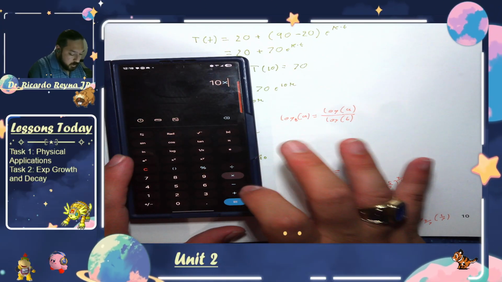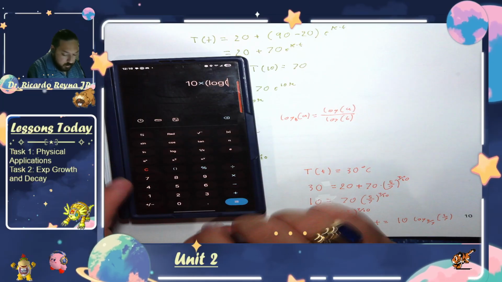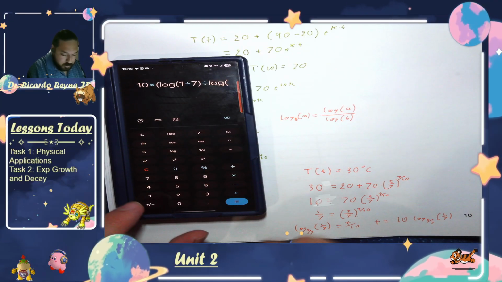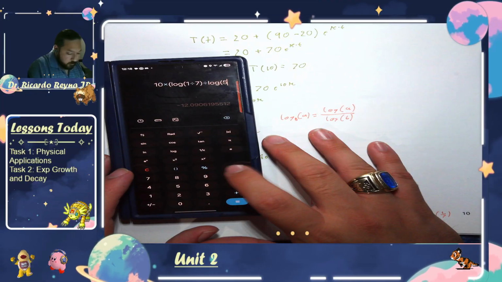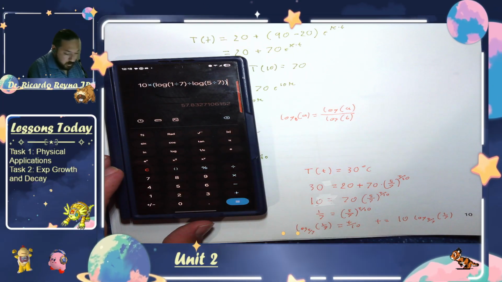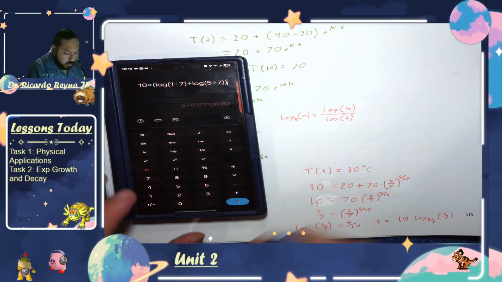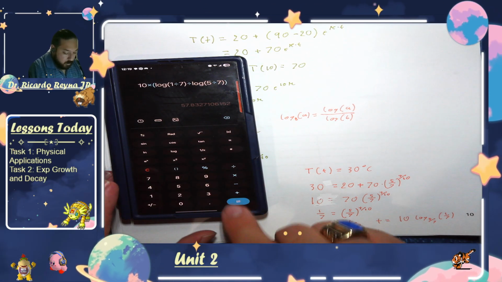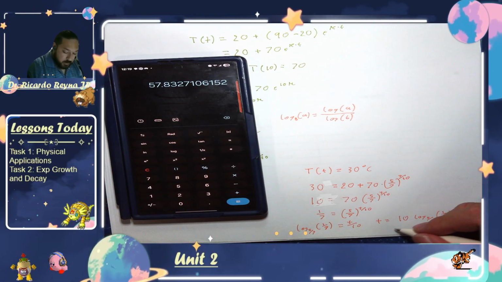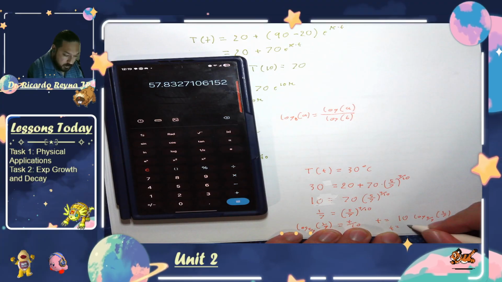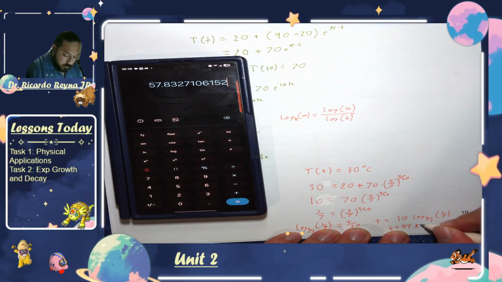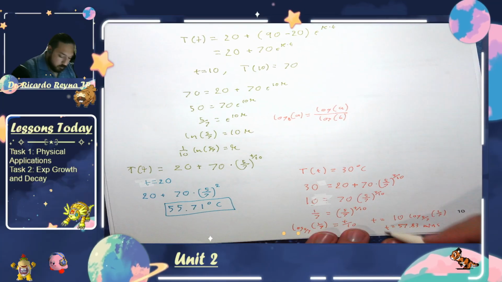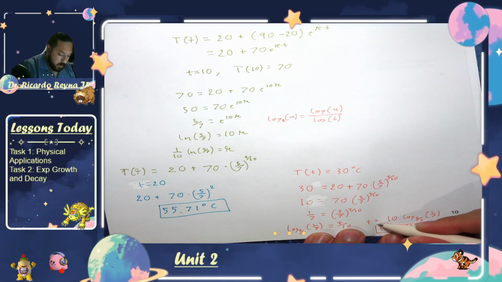We have 10 times log of 1 over 7 divided by log of 5 over 7, the whole log. Okay. Enter, and we get that the time it takes to reach 30 degrees is 57.83 minutes.